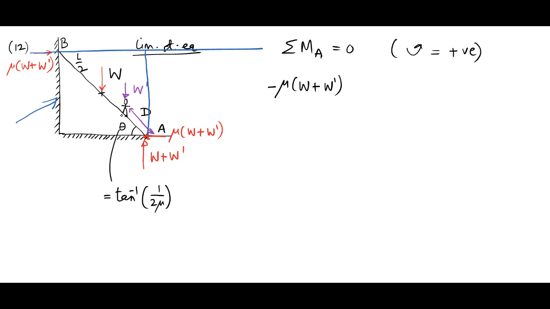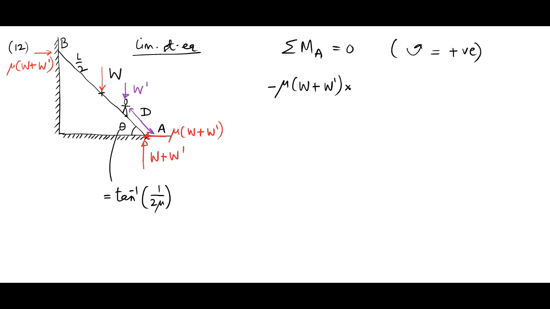And since I have assumed that the length of the ladder is L, it's L by 2 on this side and L by 2 on the other side, total length is L, therefore this relevant distance is going to be L times sine of theta.